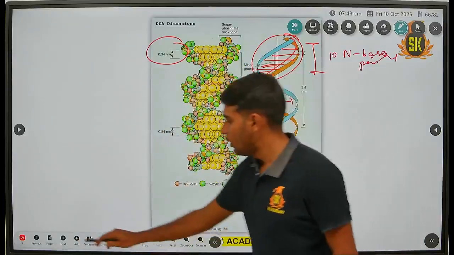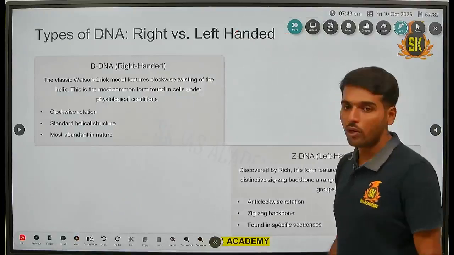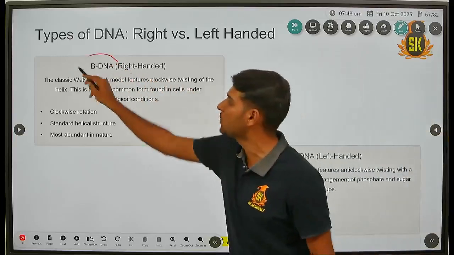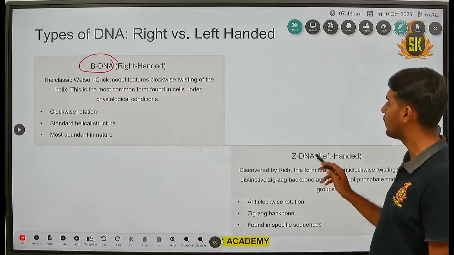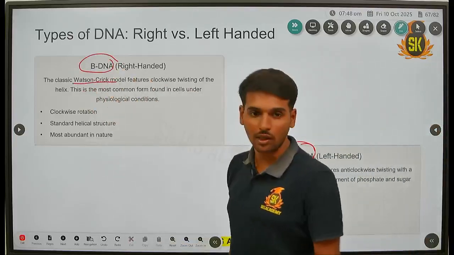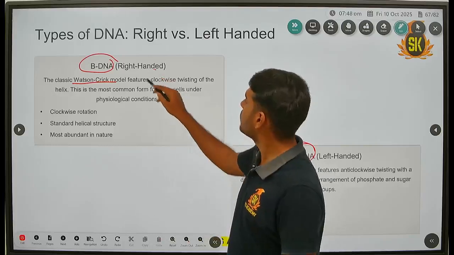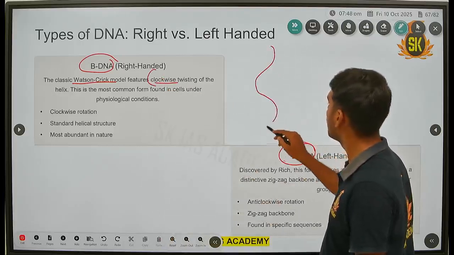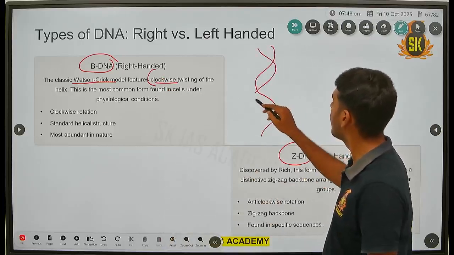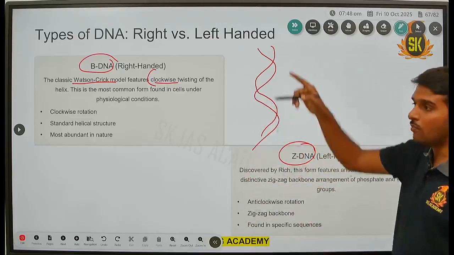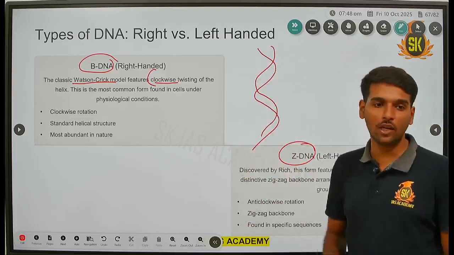Overall. Now, types of DNA, right-handed versus left-handed. Right-handed is also known as BDNA, left-handed is also known as ZDNA. This was the actual Watson and Crick model. Clockwise turning means clockwise from left to right or right to left.